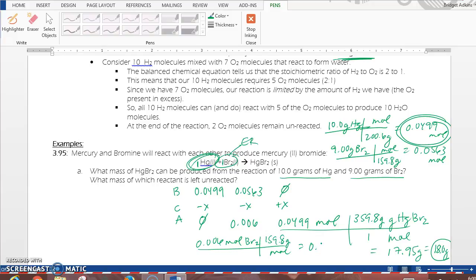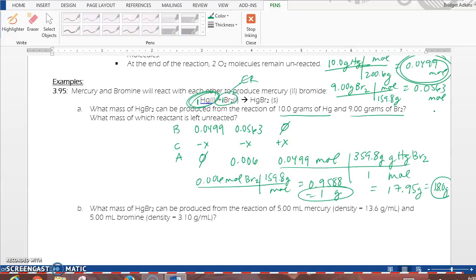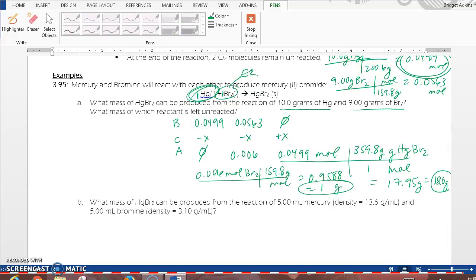So that gives me 0.9588. So really 1 gram, and not even with that because of sig figs. So just 1 gram left over. So that's how you use a BCA table when you've got 2 reactants, both given in grams. You've got to figure out who's limiting, what your X is, and then solving for your product.